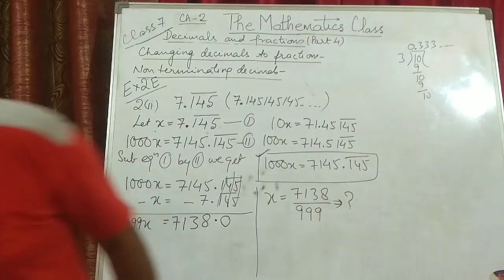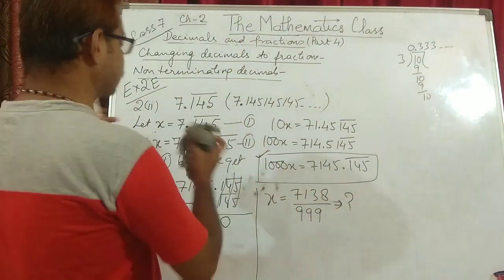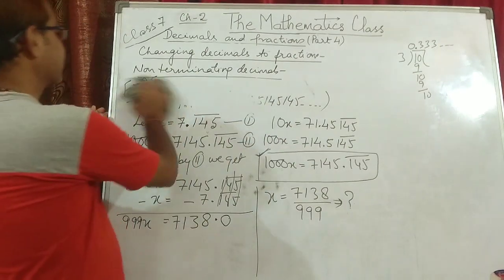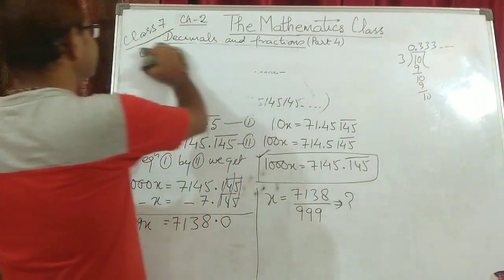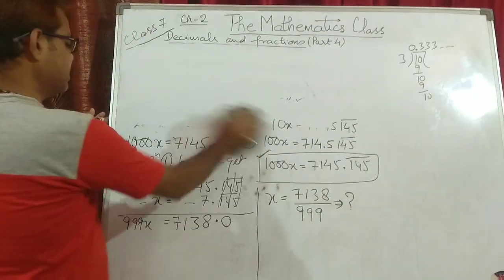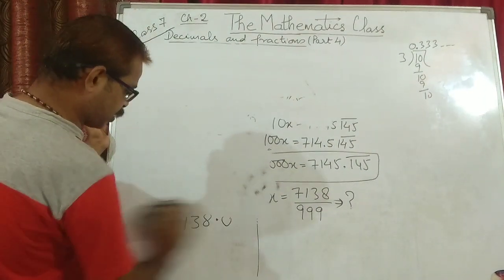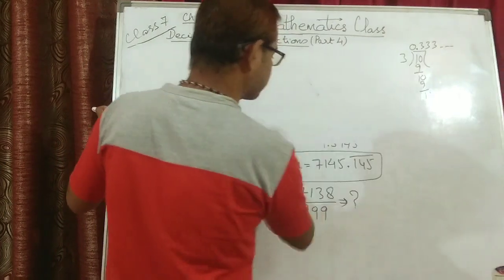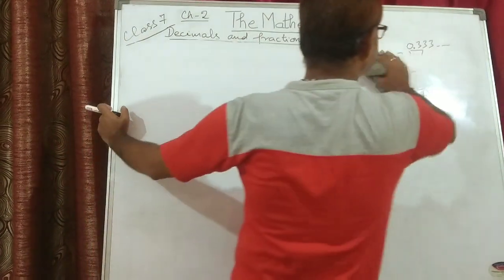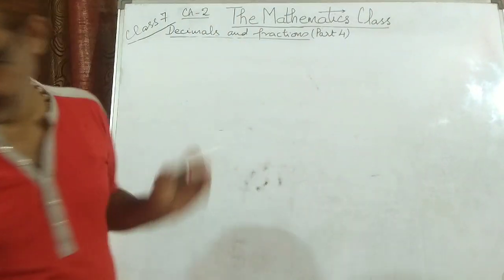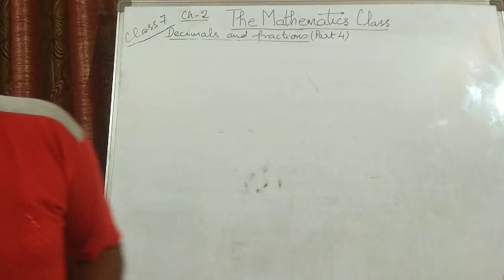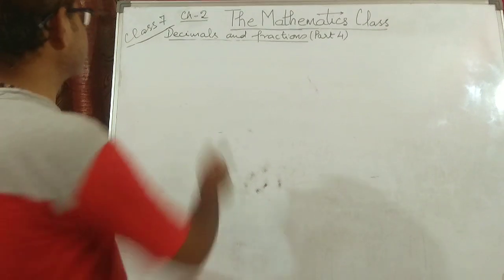Now we will talk about exercise 2E. The first question is about changing fractions into decimals. Write each of the fraction as mixed number or as a decimal.